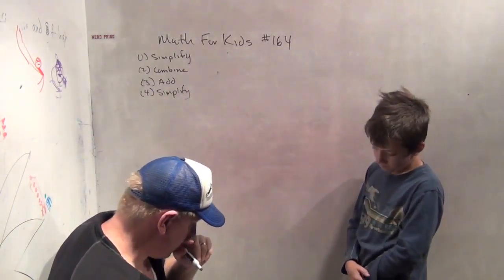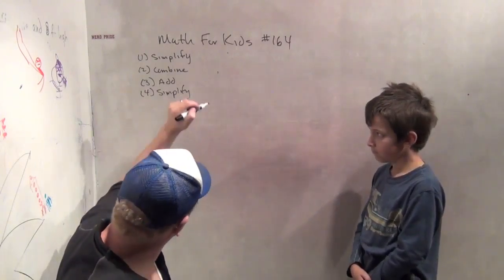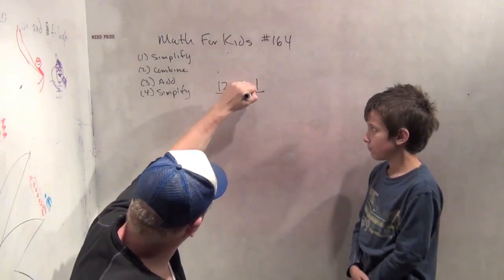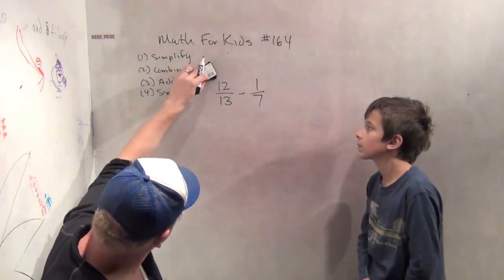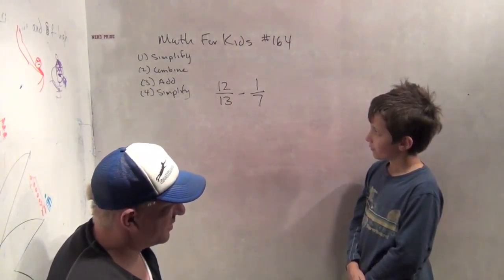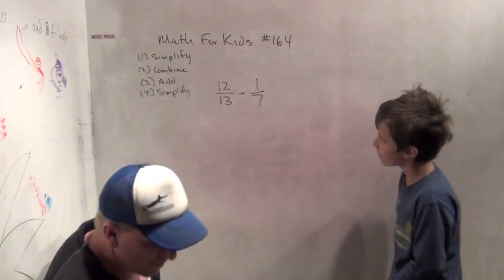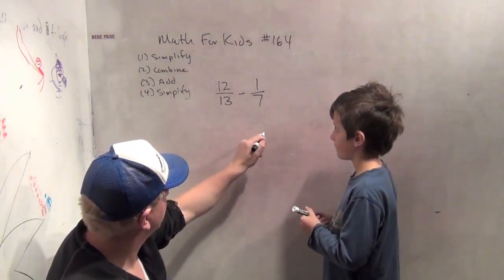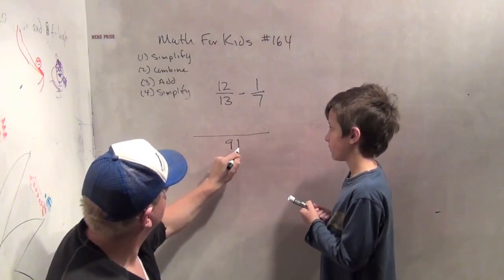Okay, so how about 12/13 minus 1/7? Well, nothing can be simplified here. What's our common denominator? 91, 13 times 7, which is 91. So I'm going to write a 91 here.